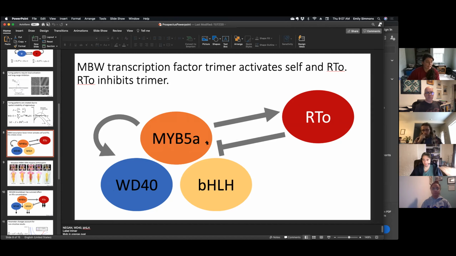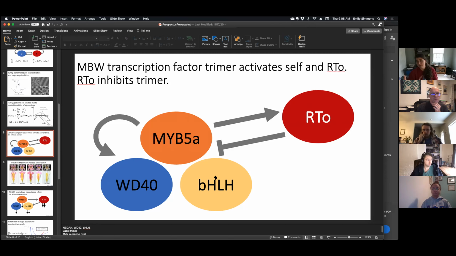The reason it inhibits is because the only way for the MYB to bind to the DNA is when it is in this trimer. So the MYB binds with the WD40 and the BHLH. And these are all just little transcription factor proteins, but they bind to the DNA together. The mechanism that we believe the RTO is inhibiting this by is that the RTO binds with the BHLH.